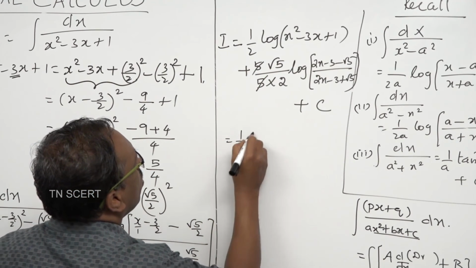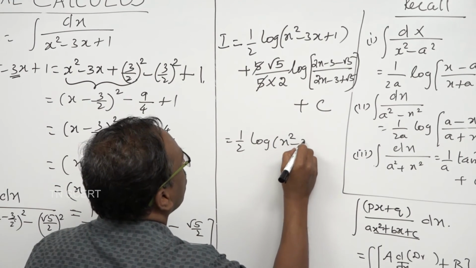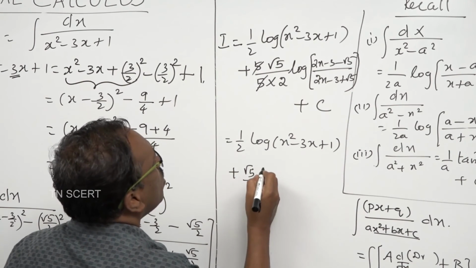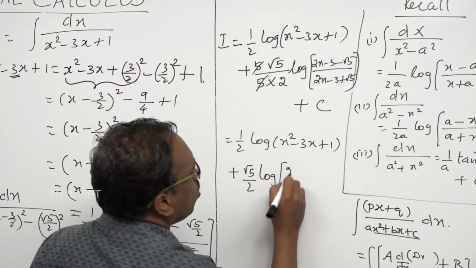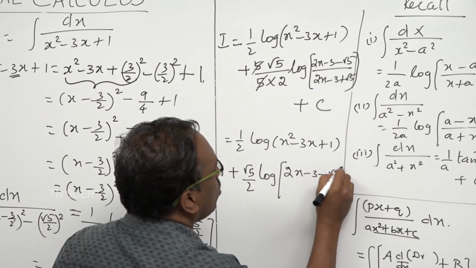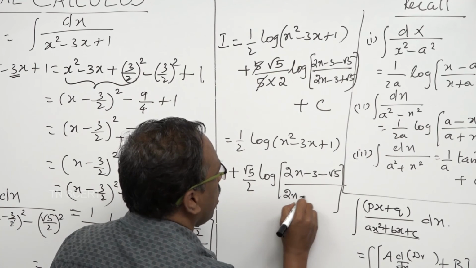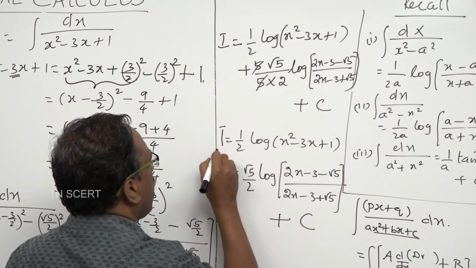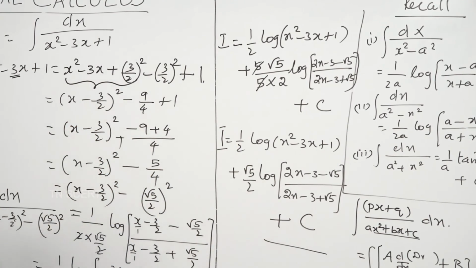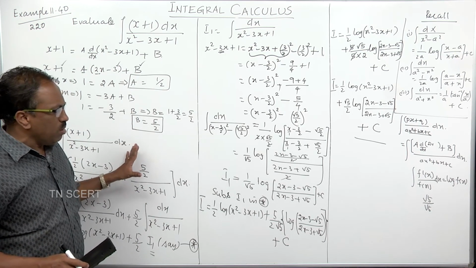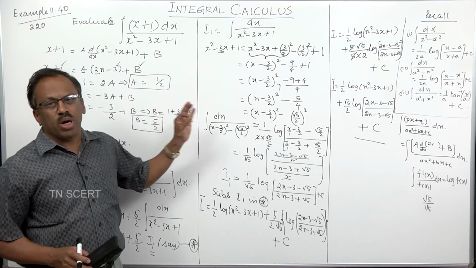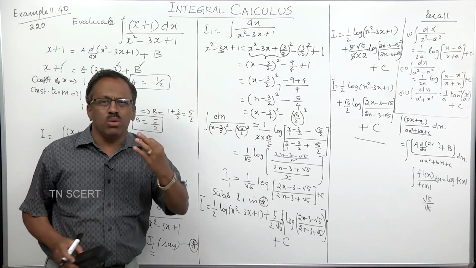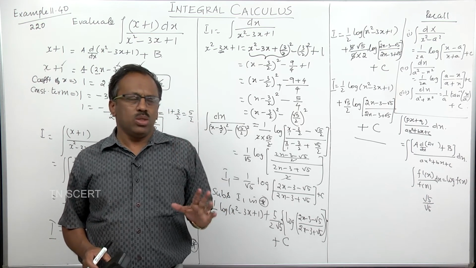So I = 1/2 log of (x² − 3x + 1) + √5/2 log of (2x − 3 − √5)/(2x − 3 + √5) + c. This is the final answer for this problem. This is a simple sum, but it is an important question. Whenever you happen to notice this type of problem, you have to do it without making any kind of mistakes. So, here ends the problem.